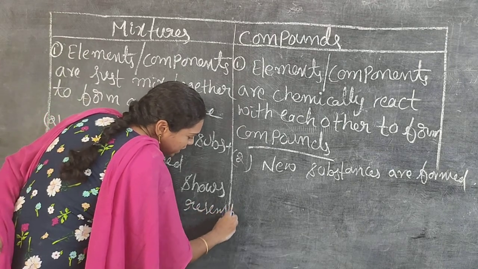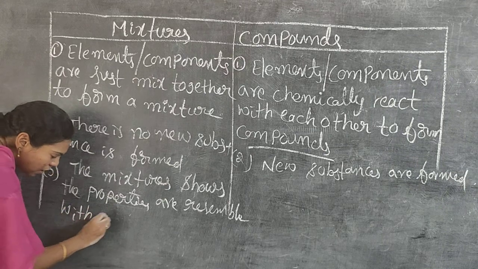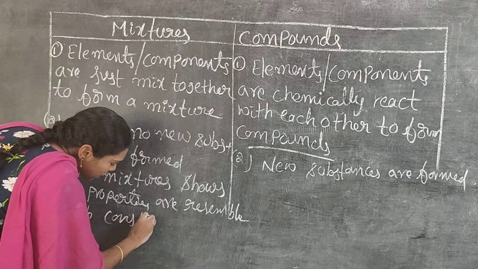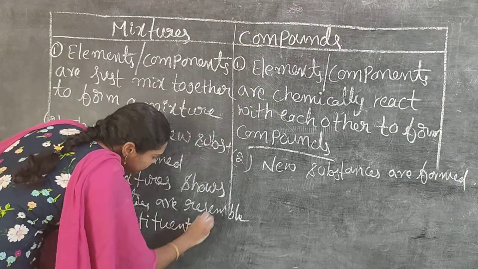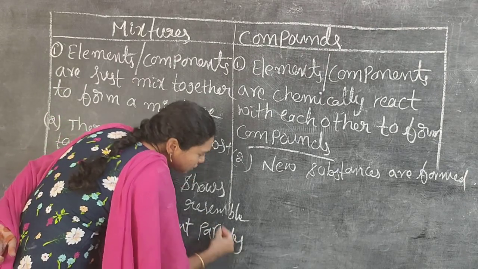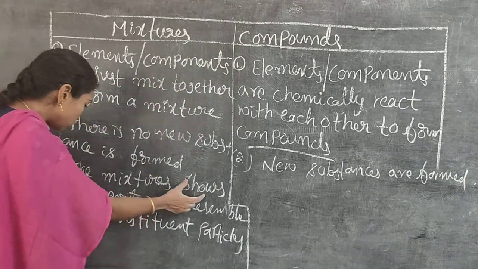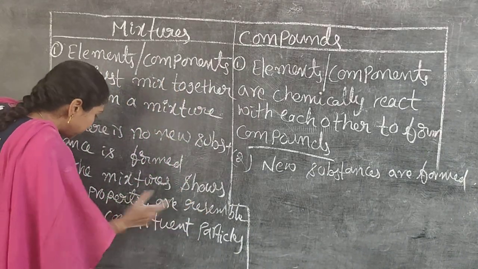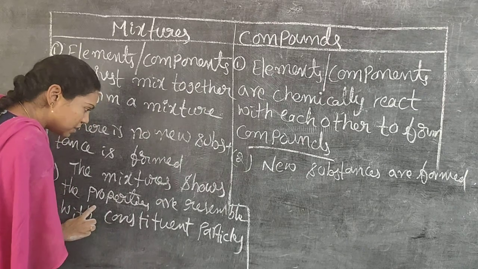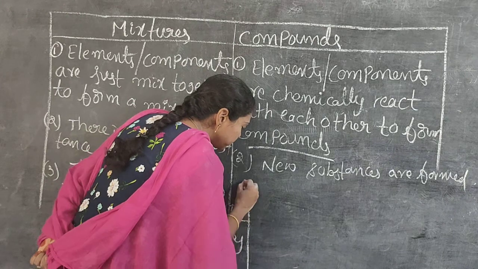Resemble means similar. Constituent particles means the particles which are present. Are you understanding now? Again I repeat, the mixture shows properties that resemble the constituent particles. But here what happened?